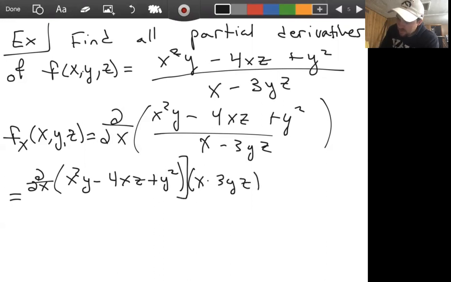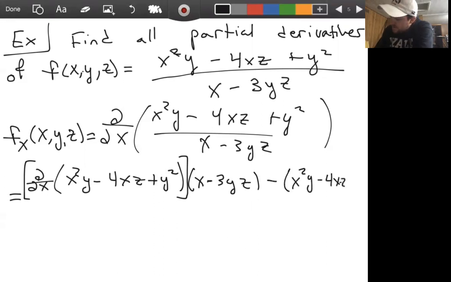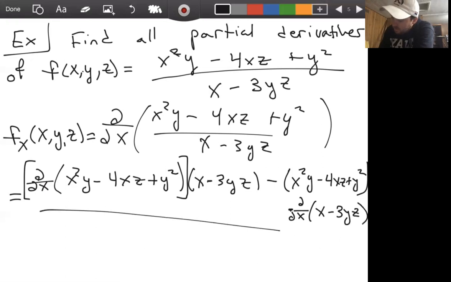And to reiterate, that's not the derivative of the product, it's the derivative of the first term times the second term, right? And then it's minus the top term, x squared y minus 4xz plus y squared, times the derivative of the denominator, and then it's all of this over the denominator squared, right? This is the quotient rule. And we're using the quotient rule in the variable x, where y and z are treated as constants.